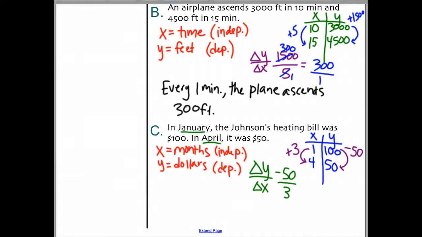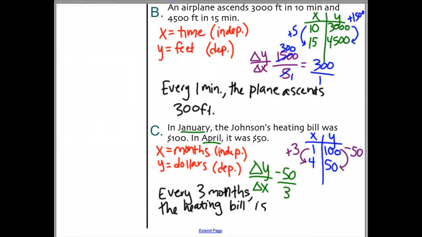So every 3 months, the heating bill decreases by $50.